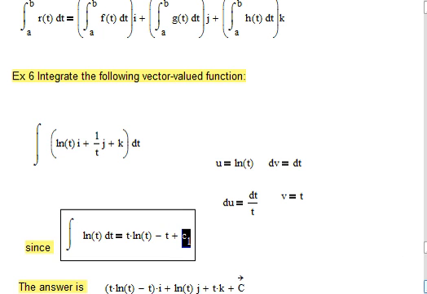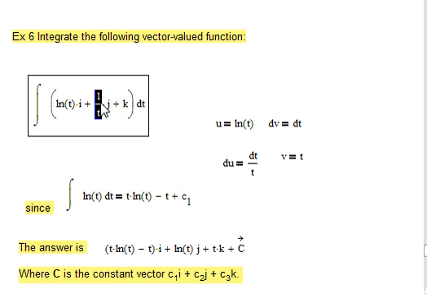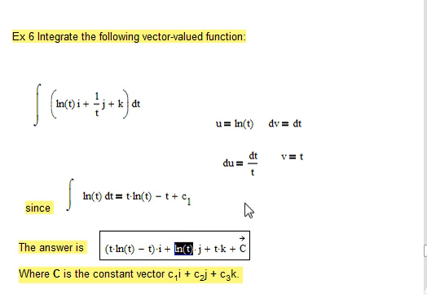Okay. And this one's easy. Integral of 1 over t is ln of t, and integral of 1 is t.